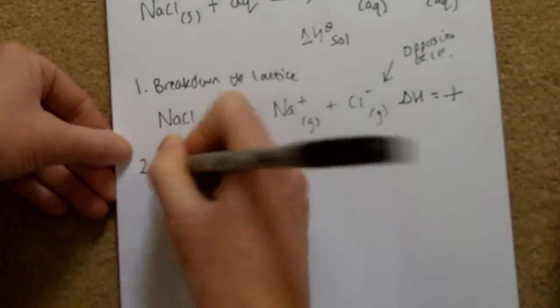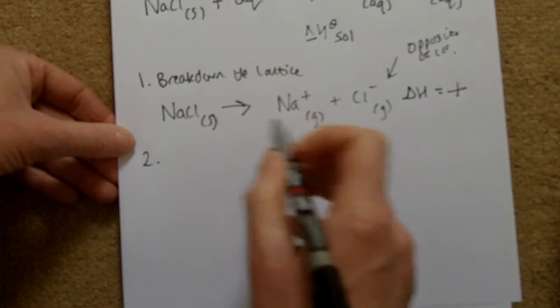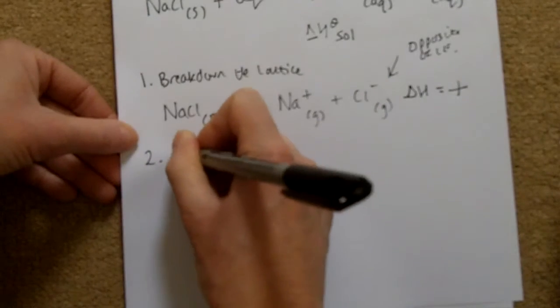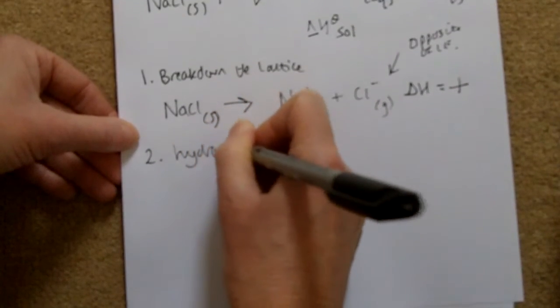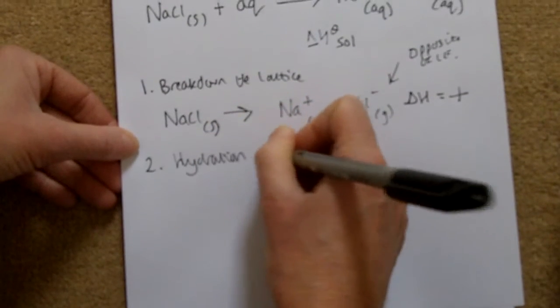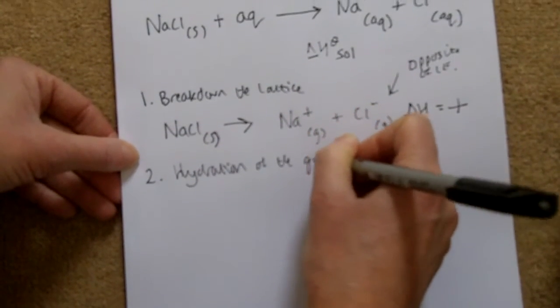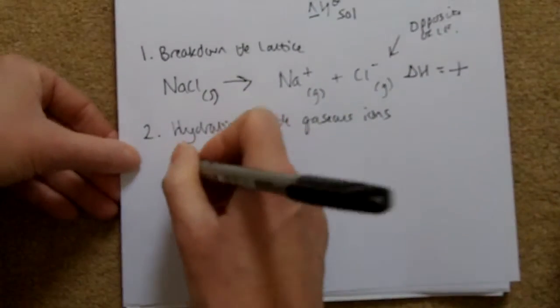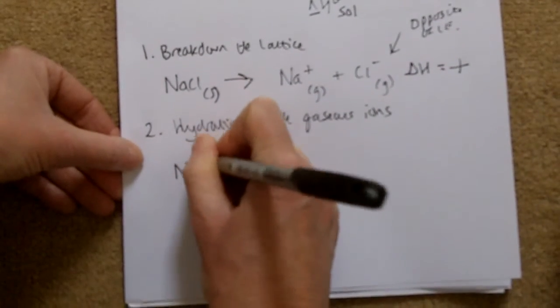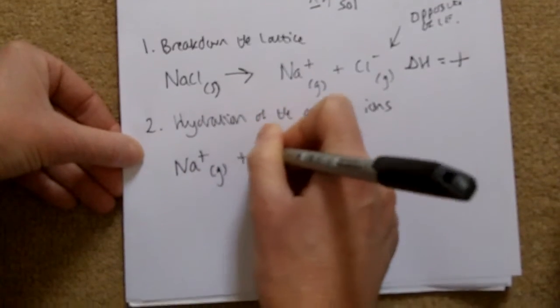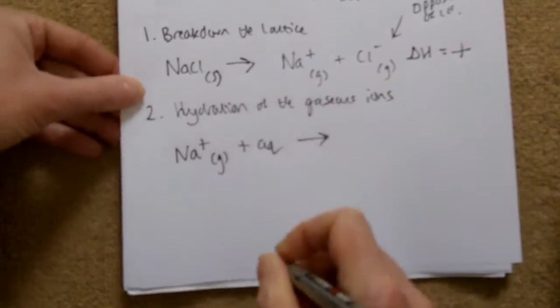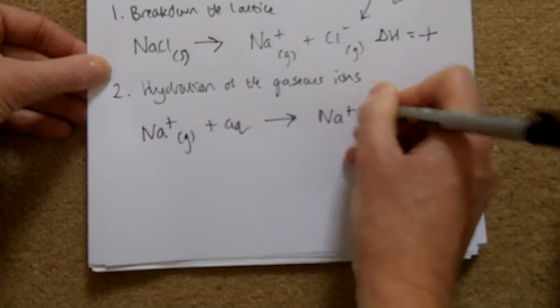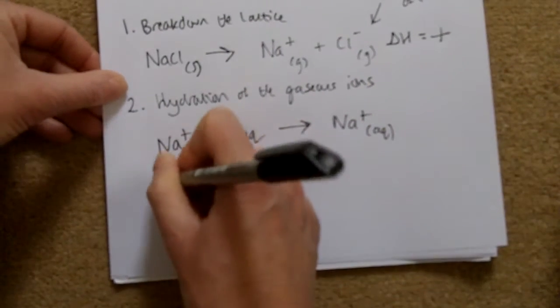Okay, the second step in solution is, once you broke down the lattice, the hydration of the gaseous ions. Now this sounds complicated, but all it means is you take the gaseous ions and you surround them with water. Okay, so you get the aqueous ions. You do this for both of them.